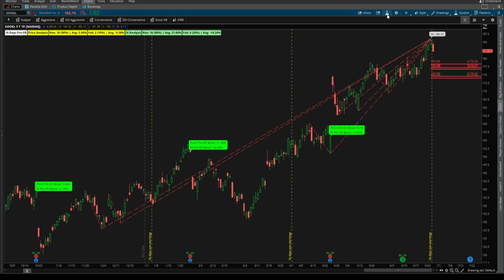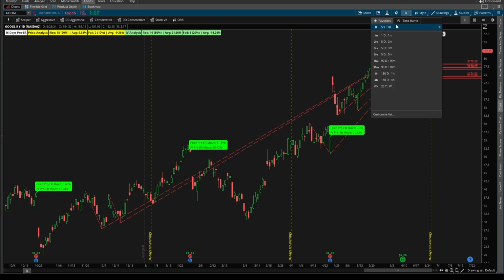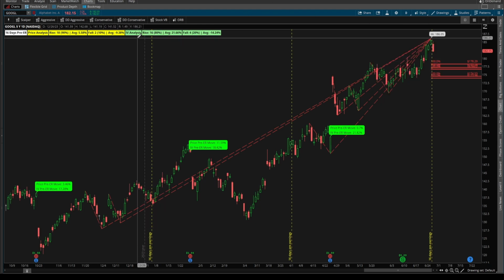So we see in this case, 16 trading bars prior to earnings, Google tends to rise into earnings about 90% of the time. And on average, that rise is 5.58%. This is using 5 years worth of data. In terms of implied volatility here, we see something similar with IV rising about 80% of the time into earnings.